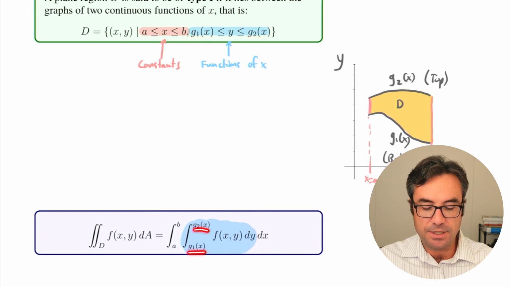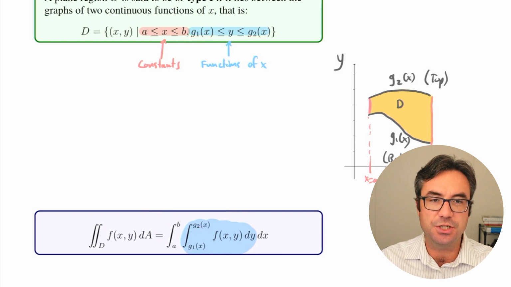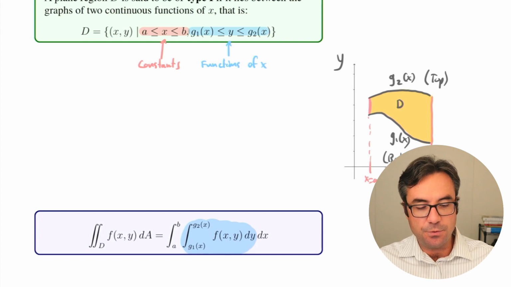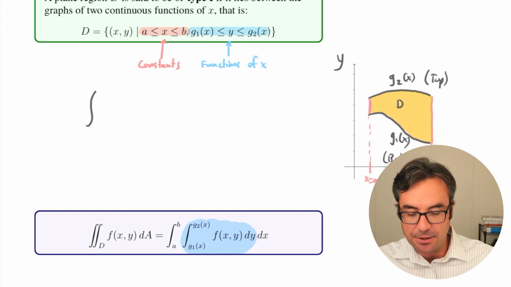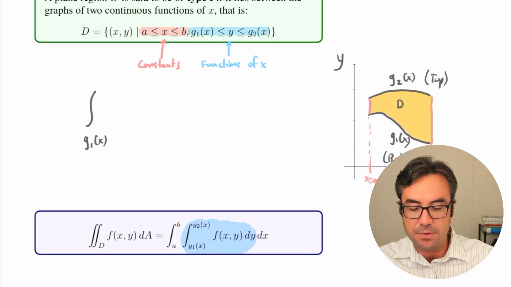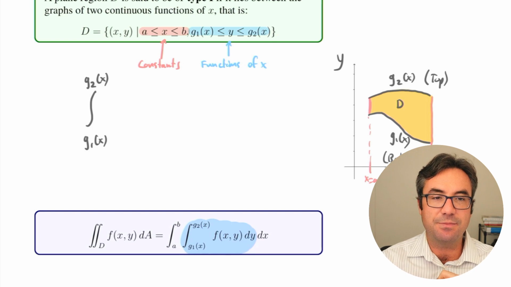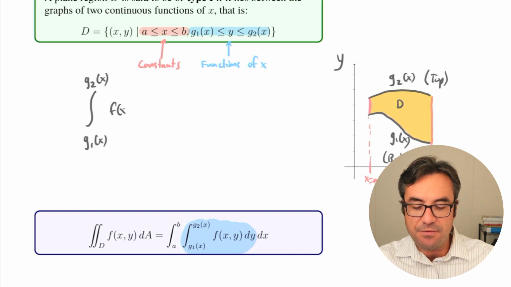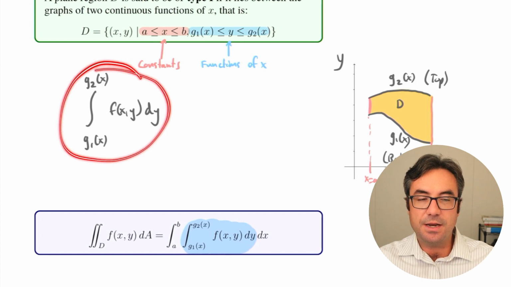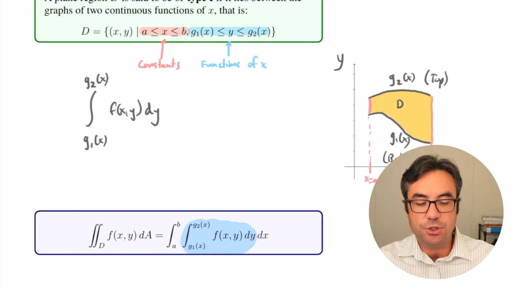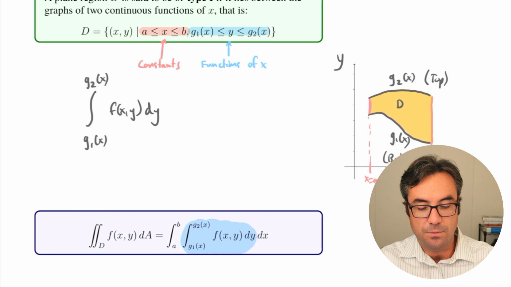So our y coordinates are going to be in between two functions of x. When we do this inside piece, the integral from g, our bottom function, to our top function of f(x,y) dy, when we do this iterated integral, only x terms should be left when we're done.